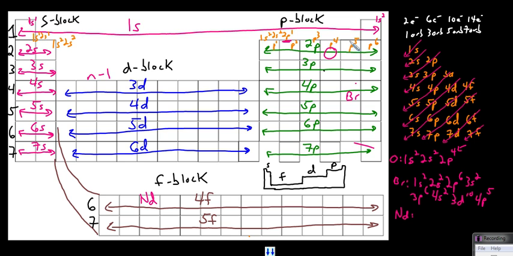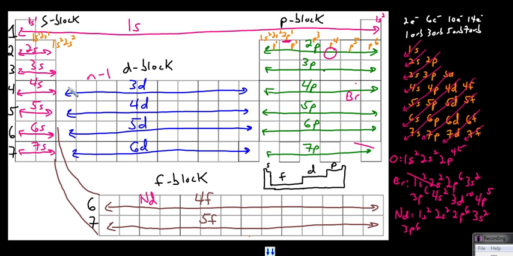Okay, so fill out 1s. All right, 1s2, 2s2, 2p6. After this 2p6, we do 3s2. Then we do the 3p6.